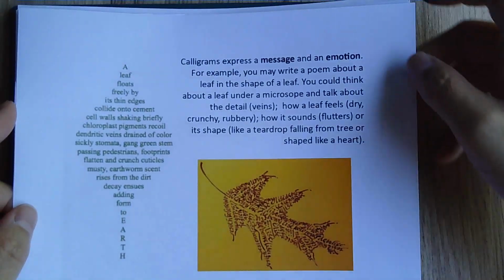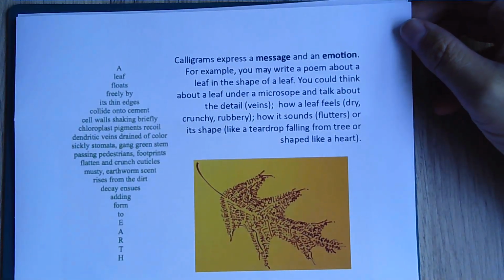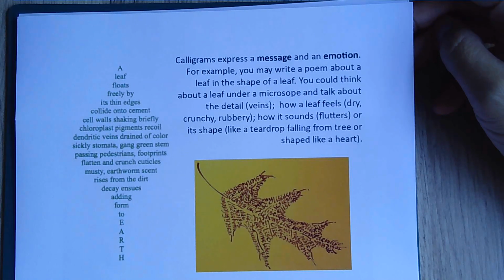Quite often, calligrams express a message or an emotion. So, for example, you may write a poem about a leaf in the shape of a leaf, but you could be thinking about a leaf under a microscope. So then you might be talking about very minute details like its veins, or perhaps how the leaf feels. So when you touch it, it might be rubbery, it might be dry, or it might be crunchy, or perhaps how that leaf falls, it might flutter.